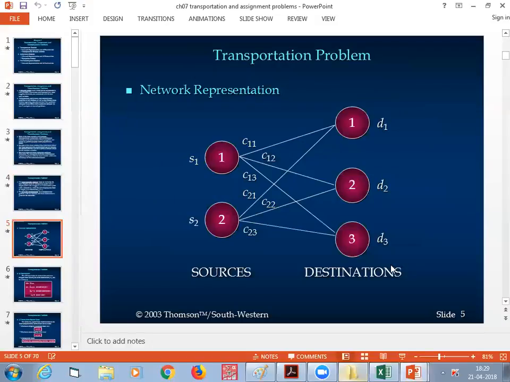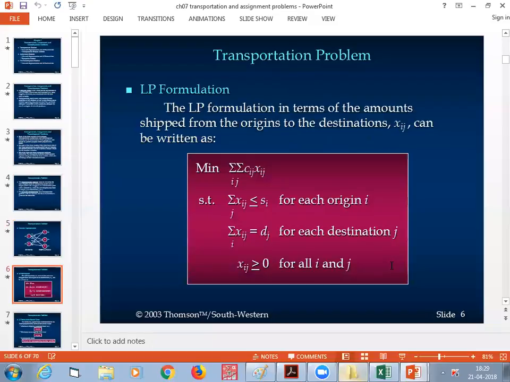Now, first of all, can we express this as a linear programming problem? The answer is yes. This is a subset of linear programming. Basically, what we need to decide is the quantity to be shipped from each supply point to each demand point.